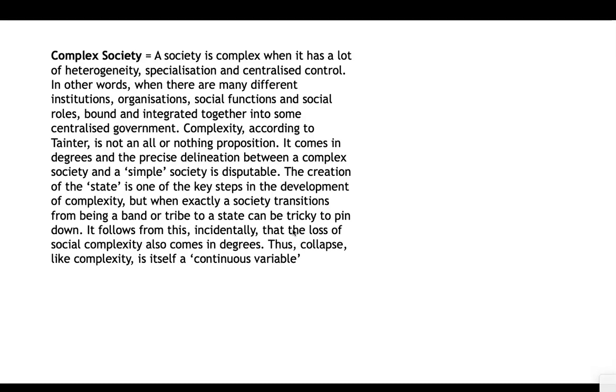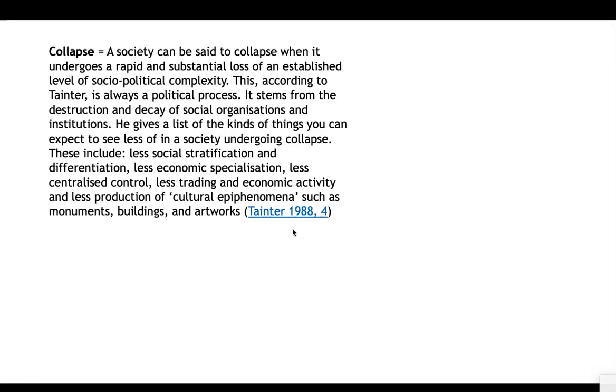So the collapse that often happens is when some of these societies start to become too complex and can't manage all these different institutions and organizations. Or sometimes it becomes too complex too quickly. This can happen as well.